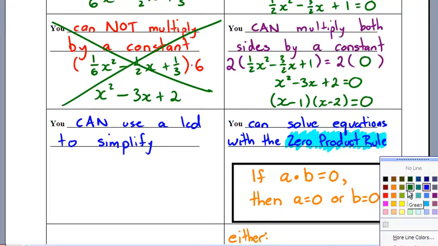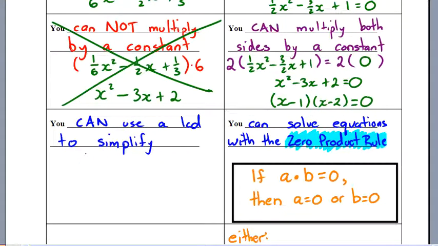I'd have to use sixths. I could say that is like 1/6 x squared. And then where it had minus 1/2 x, I could go to a common denominator of sixths and say that's like 3/6 x. And then the 1/3, if I go with sixths for my denominator, that's like having a 2. So this would be plus 2/6.